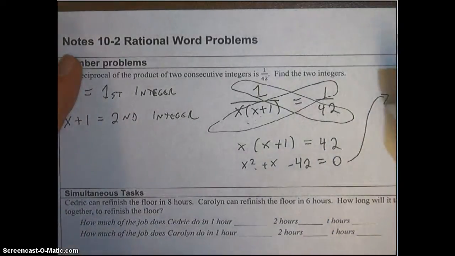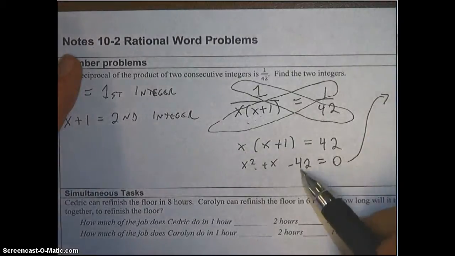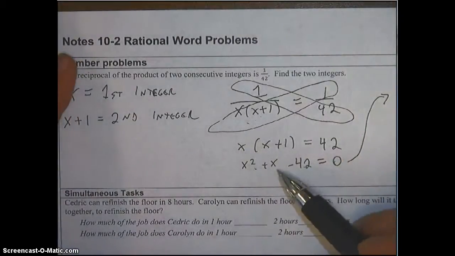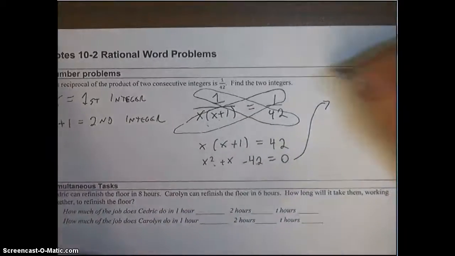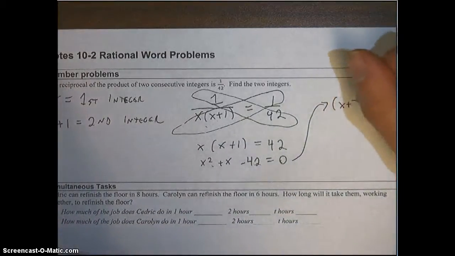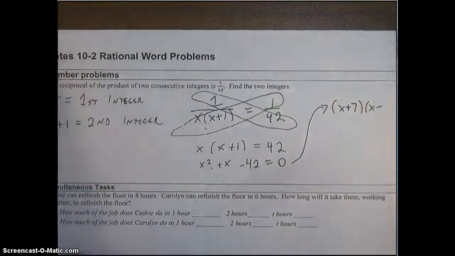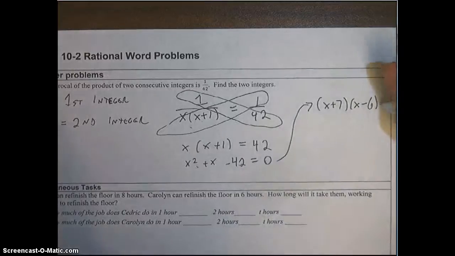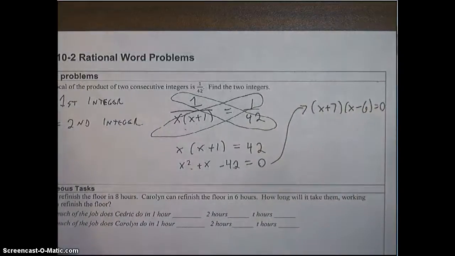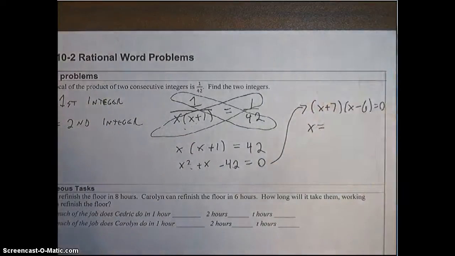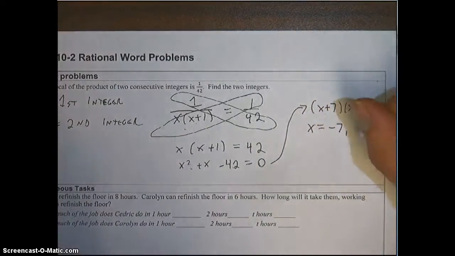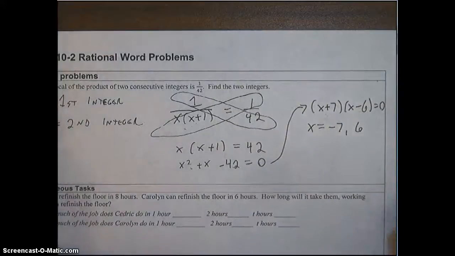So what I'm going to do is find two numbers that multiply to -42 but add to +1. Well, that's just x plus 7, x minus 6 equals 0. And then you'll want to set each of these equal to 0. So that means that x equals -7 and +6.